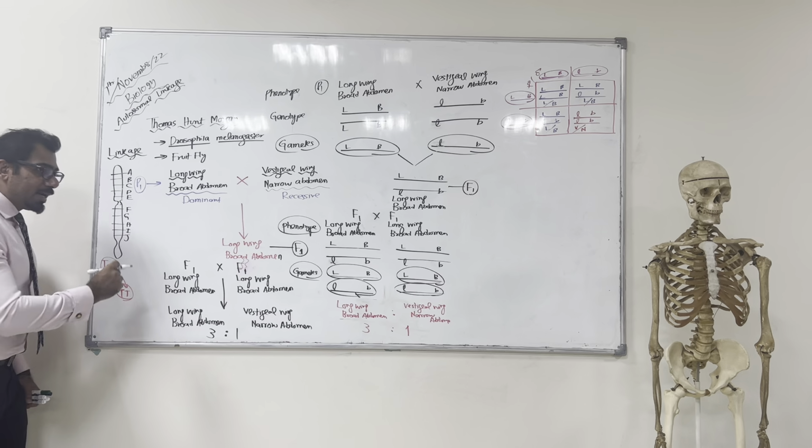Right? Now, again, we have these three. Long wing, broad abdomen. We have long wing, broad abdomen. We do not know which out of these three is homozygous and which one is heterozygous. If we want to find out, we do the test cross. Remember, over here it was monohybrid.